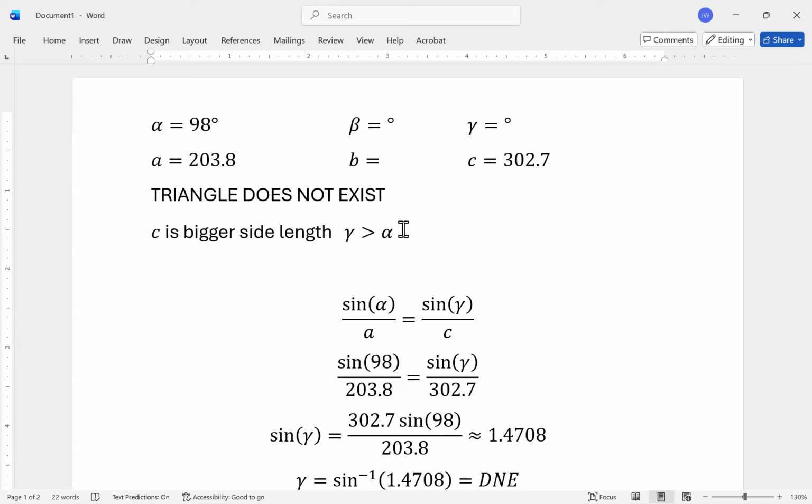Since C is bigger than A, gamma would have had to have been bigger than alpha, but that would have forced gamma to be also obtuse. It'd be more than 98.